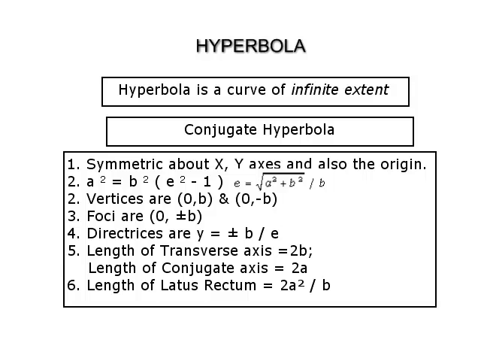This hyperbola has two vertices (0, b) and (0, minus b). Here foci are (0, plus minus be) and corresponding directrices are y equal to plus minus b upon e. Length of transverse axis is 2b and length of conjugate axis is 2a. Also, length of latus rectum equal to 2a square upon b.